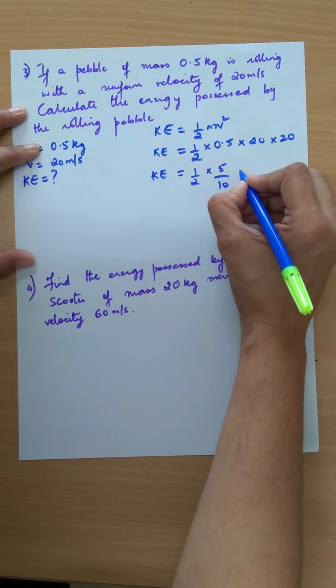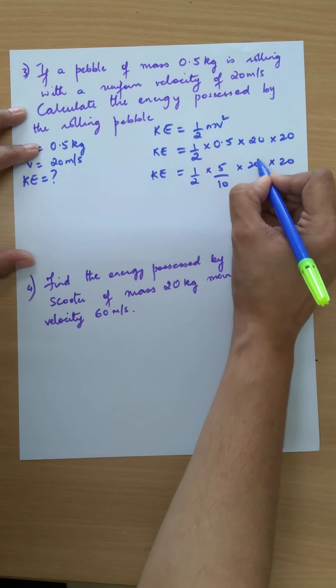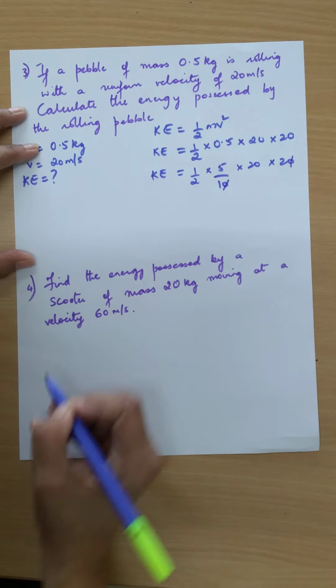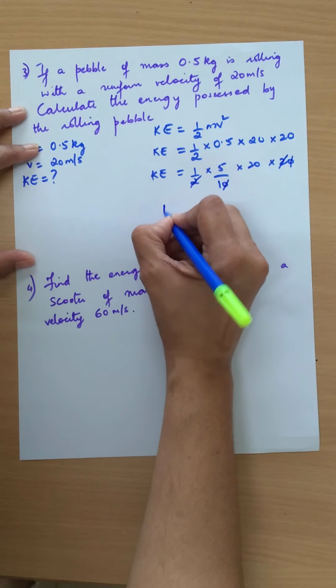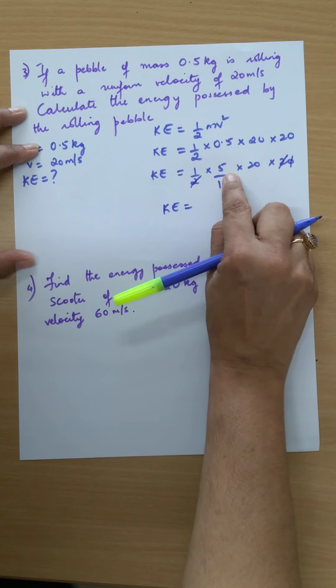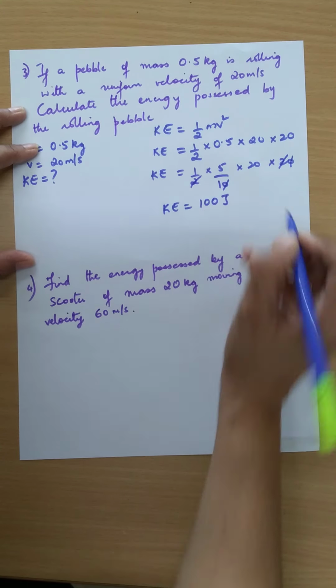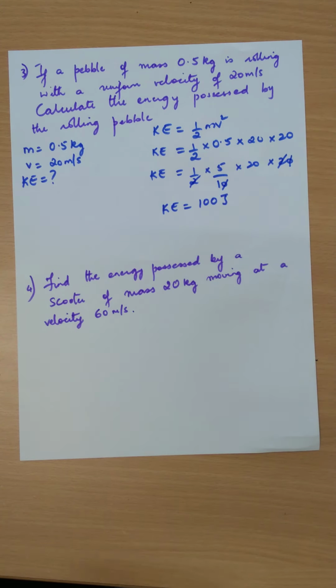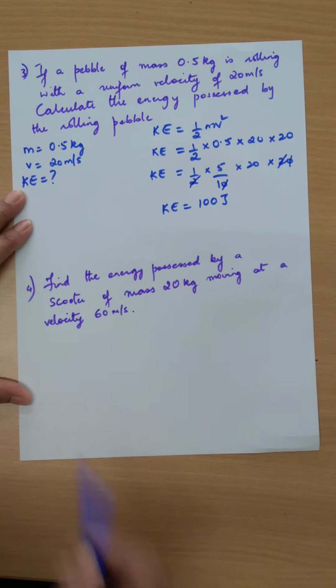And then multiply by 20, multiply by 20. This 1 0 will cancel this with 1 0. 2 ones are will cancel. So kinetic energy will be 5 multiplied by 20, which is 100 joules. The unit of work and the unit of energy are the same, we have seen yesterday, because energy is the capacity to do work.